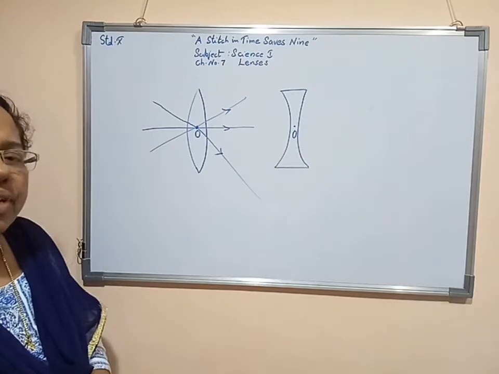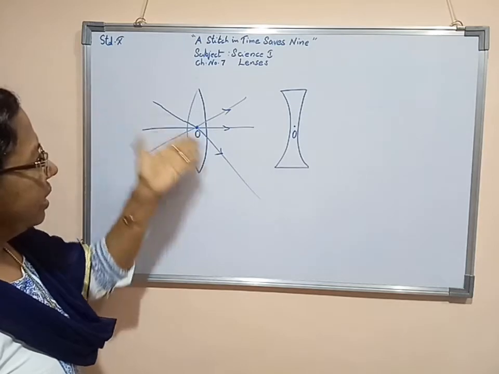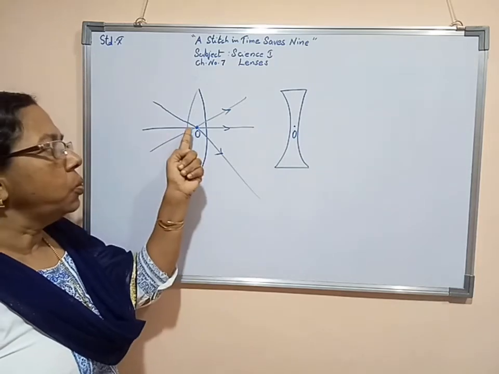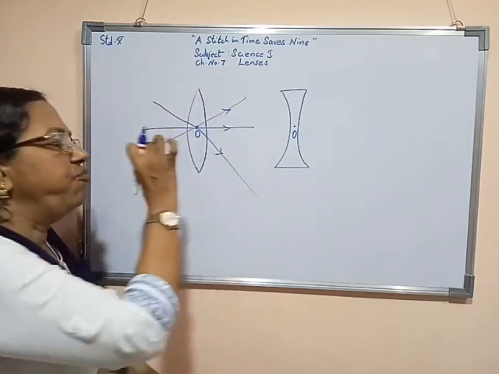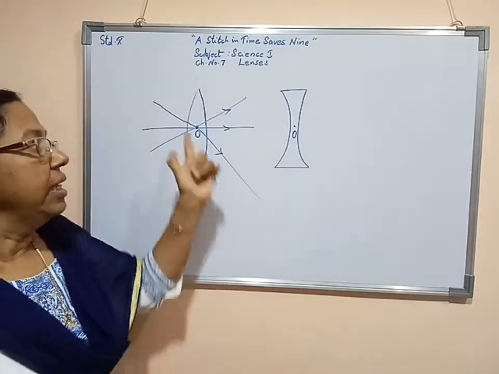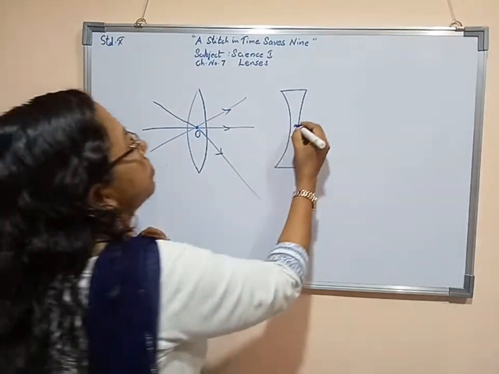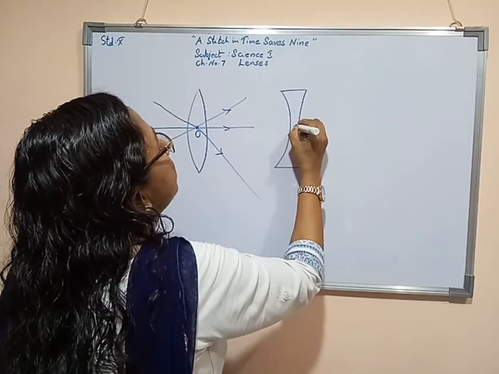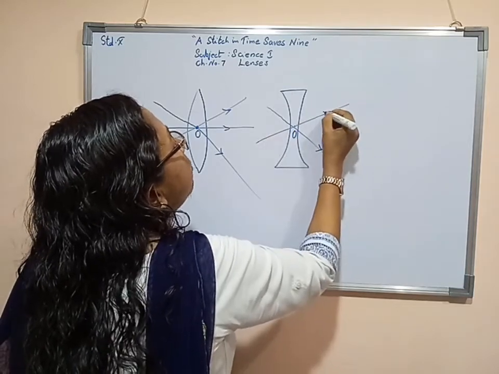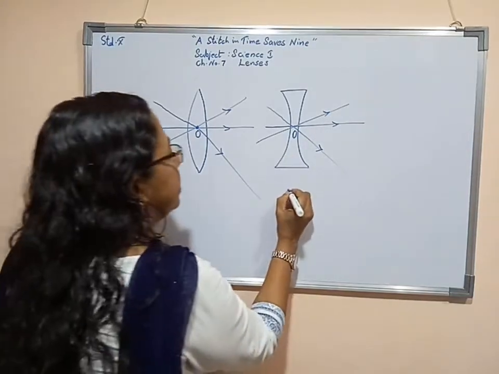So without any deviation, in a straight line, the ray of light which is passing through the optical center will pass without stopping. Similarly here also, this is the optical center. Any ray of light passing through the optical center will pass through it without any deviation.